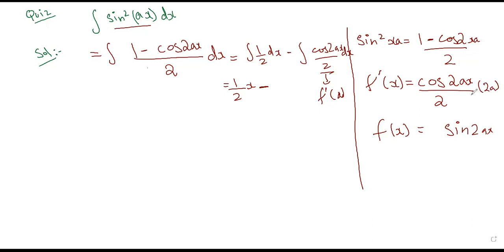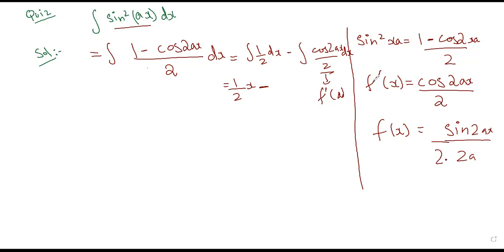But you do not have a 2a here. So you will modify your function and you'll have a 2a in the denominator. And you have a 2 here. So you will definitely be having a 2 here.